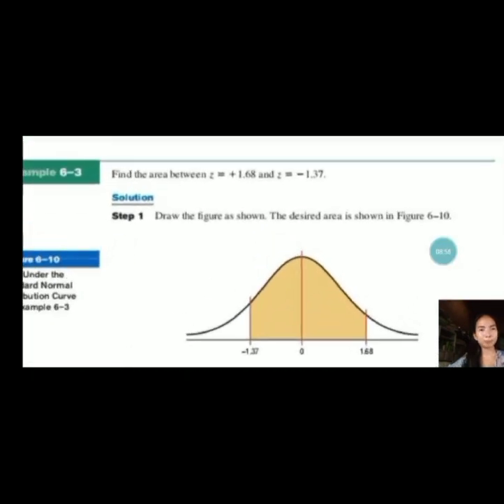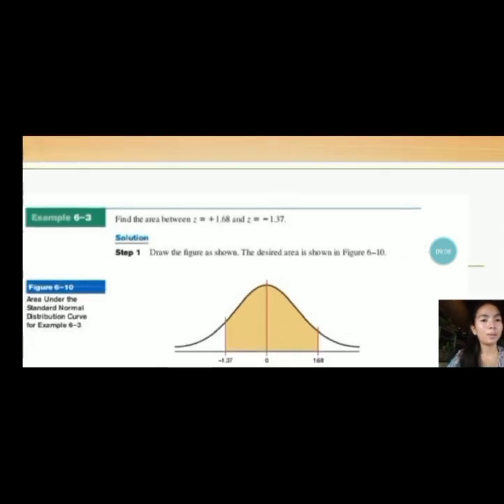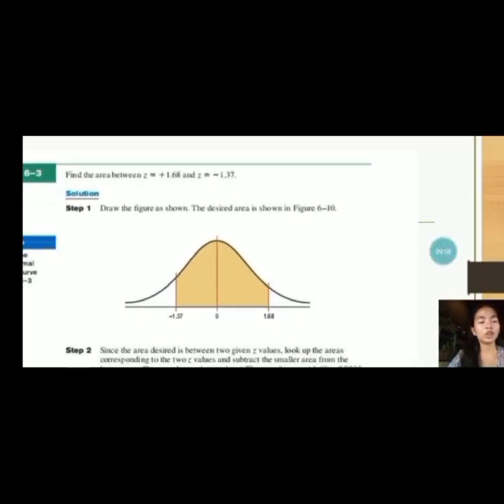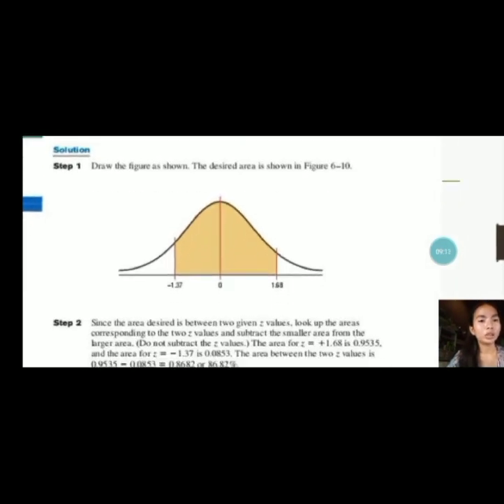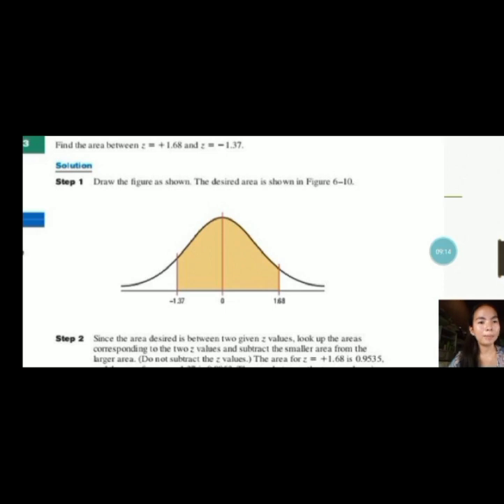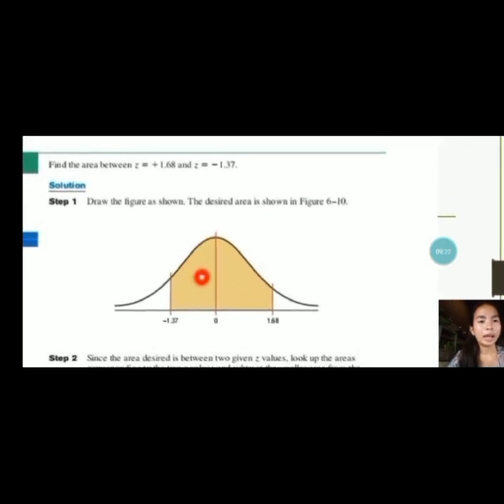Between Z is equal to positive 1.68 and then Z equals to negative 1.37. So, same as that, mag-drawing yapon mo og bell like this. So, nga na siya, 1.37 nga kani. And then, nga right side na siya. Ano siya right side? 1.37 and then ang left side is this one, 1.68.